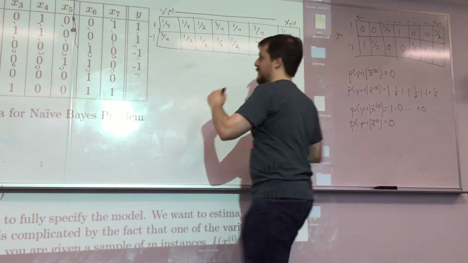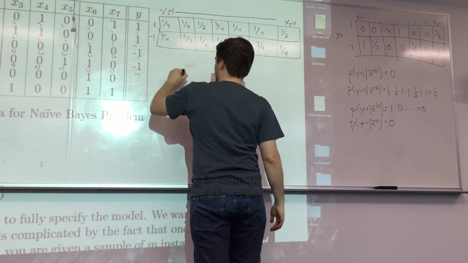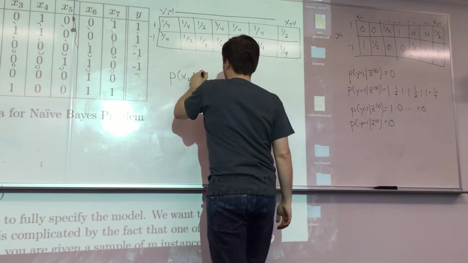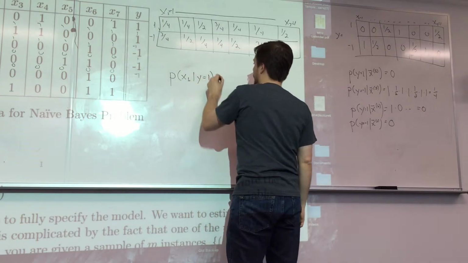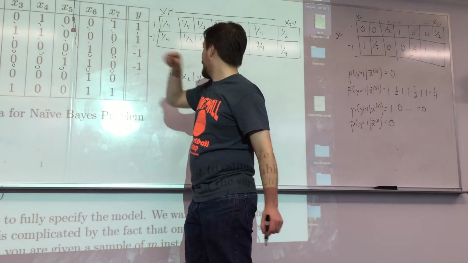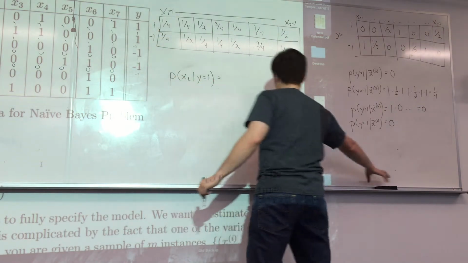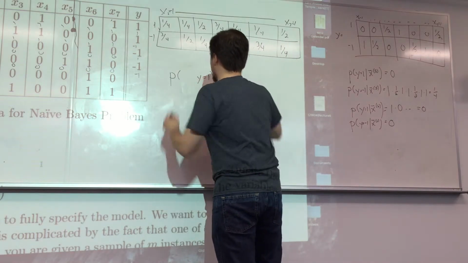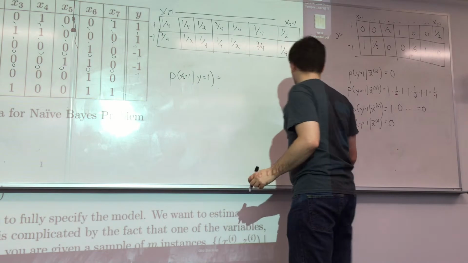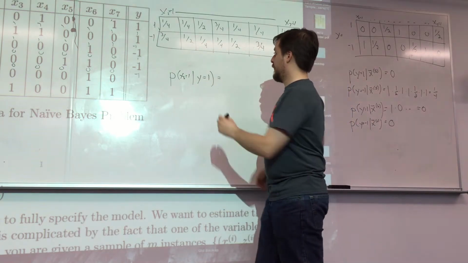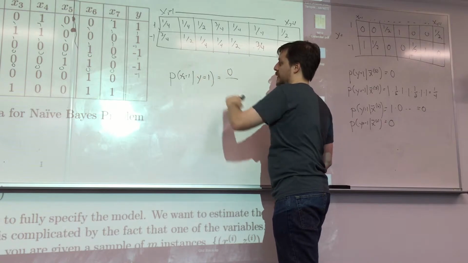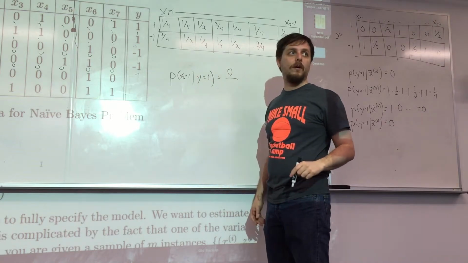So let's just take the x1 case. P of x1 given y equals 1. My likelihood was, if y equals 1, x1 equals 1, equals the sum of the times it's x1, which is 0, over the number of times y equals 1, which is 2.